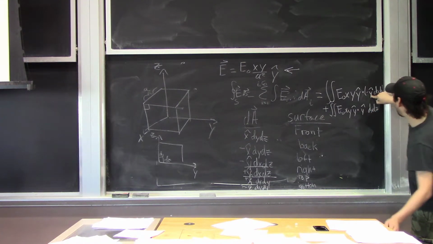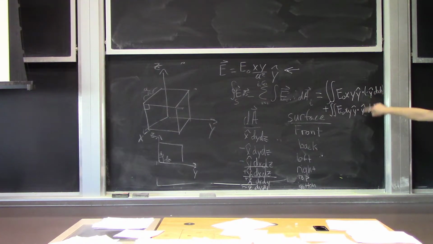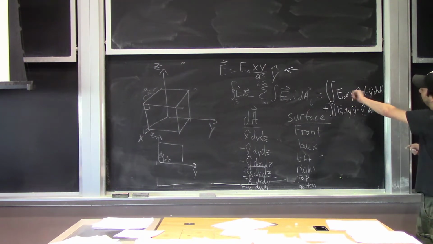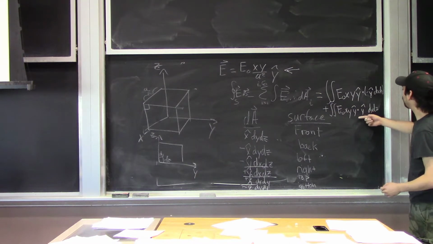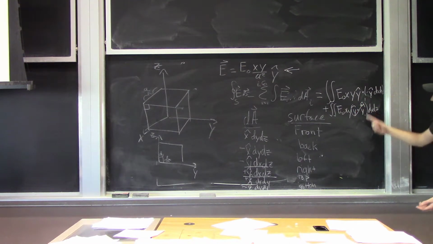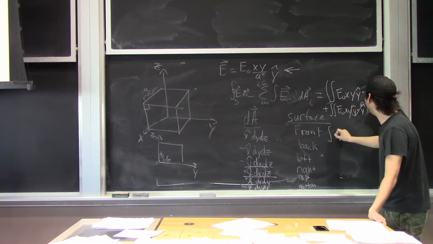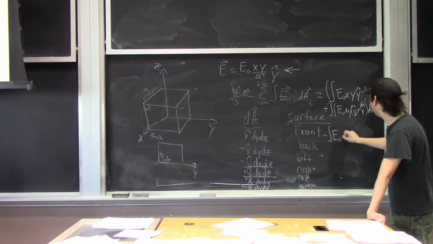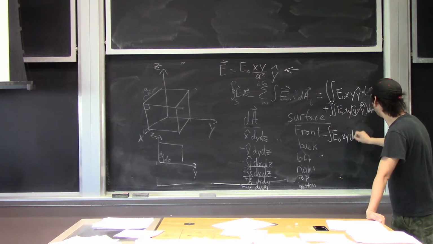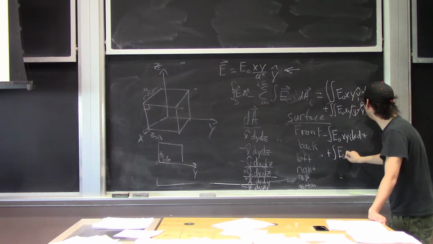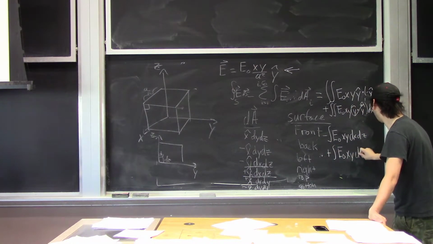So this is the left and this is the right. You can see with the negative sign and the positive sign. When we take these dot products, this one is going to give me a negative sign out front, and this one is going to give me just positive 1. And now we see something kind of weird here, because when we look at these integrals, we have the integral of minus E0 x y dx dz plus the integral of E0 x y dx dz.